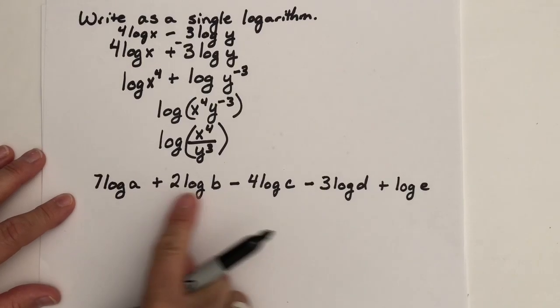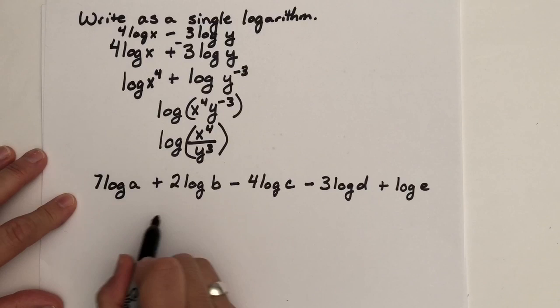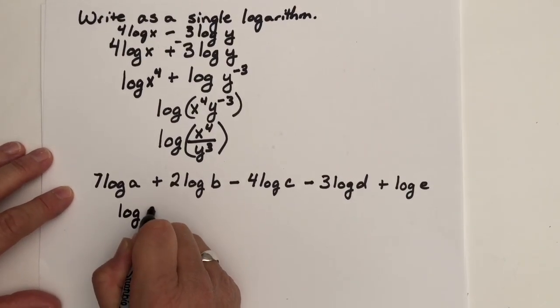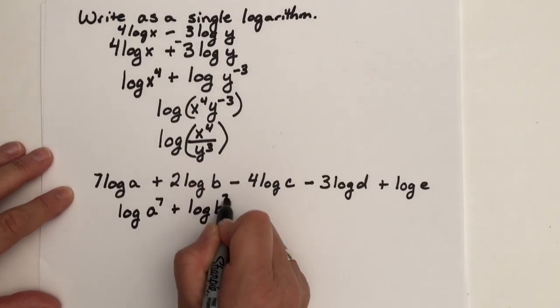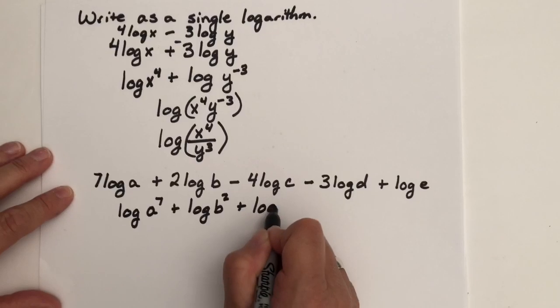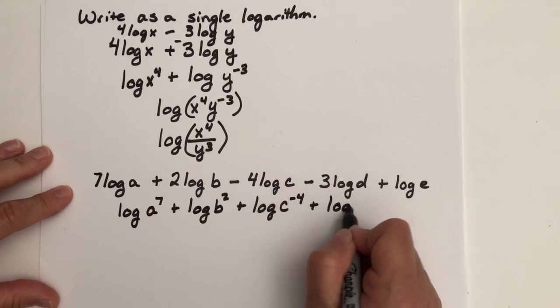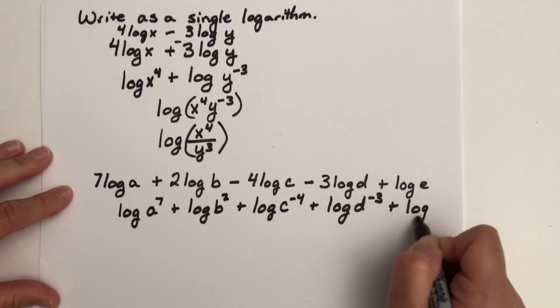I'm going to take care of all of the exponents, and I'm going to use the negatives as part of the exponent. So I'd have log of a to the 7th plus the log of b to the 2nd plus the log of c to the -4th plus the log of d to the -3rd plus the log of e.